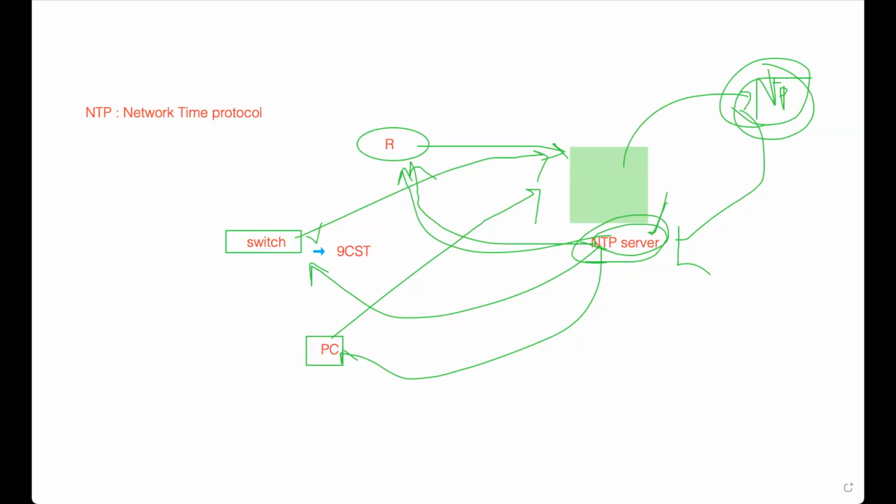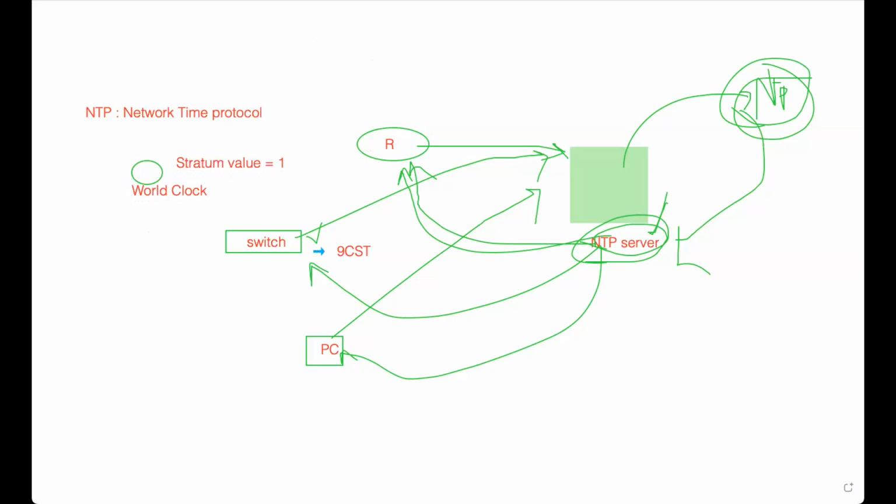NTP is a standard protocol, guys. It's an internet standard protocol. What does that mean? It means there will be an internet time. For example, there is a clock. This is called, let's say, a world clock. So this world clock will have stratum value 1.